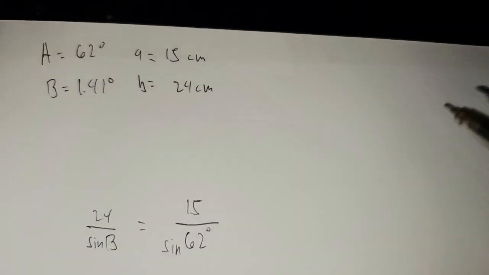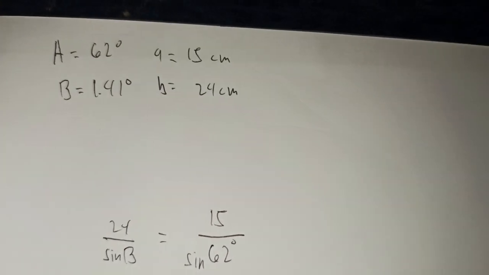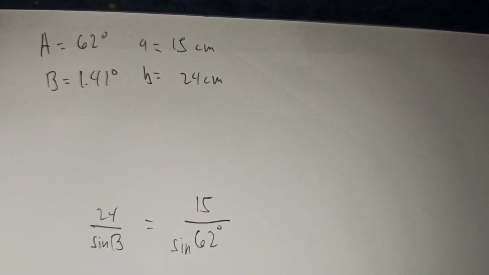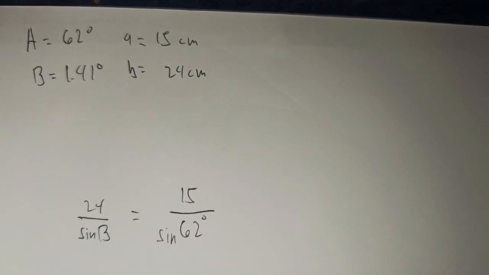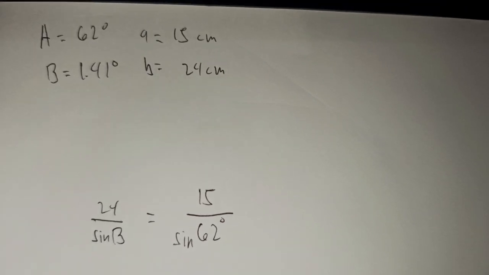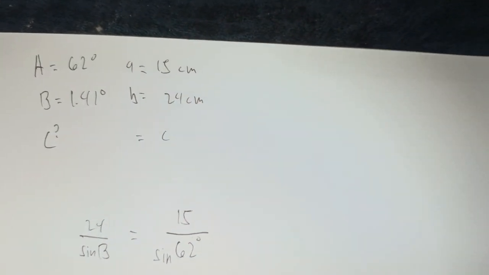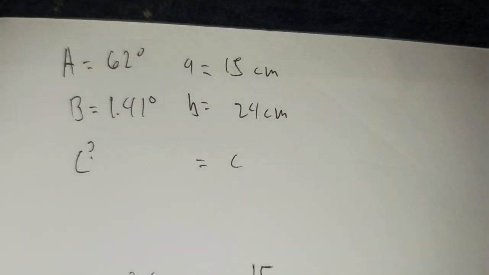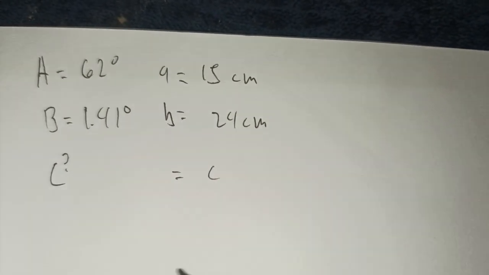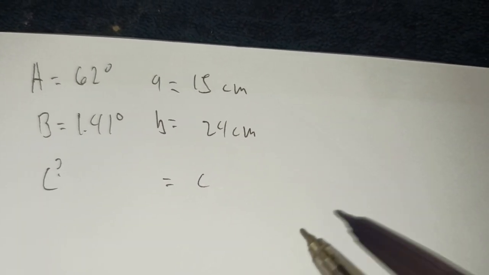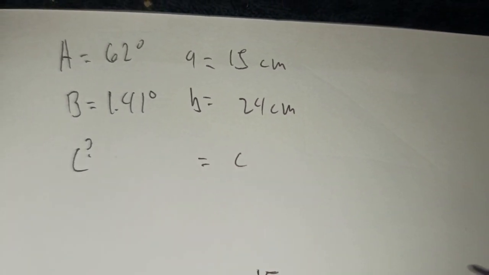By using the law of sines, we still get the same result. So it's a practice problem for you. You need to find the C angle and the C measurement. Good luck.